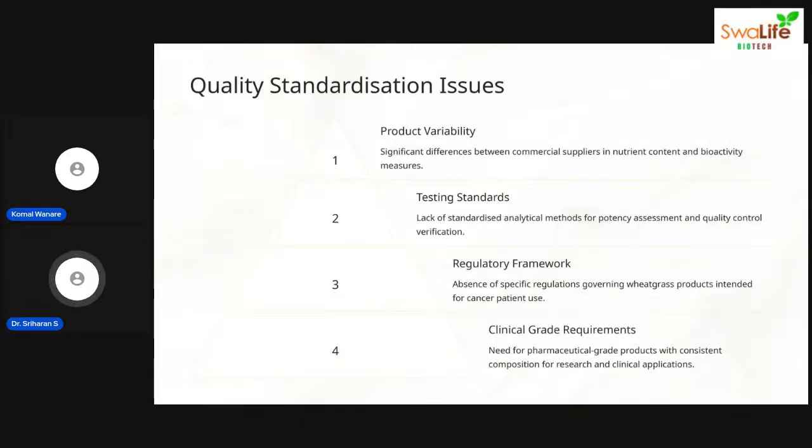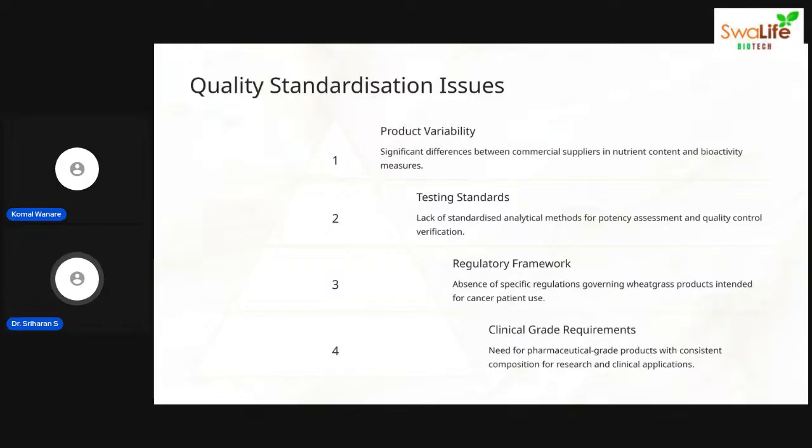Next, the quality standardization issue. It has a standardization issue due to raw material variability, product variability, and a lack of testing standards. There is also an absence of active presence in the regulatory framework, and clinical grade requirements; there is no pharmaceutical grade for it.